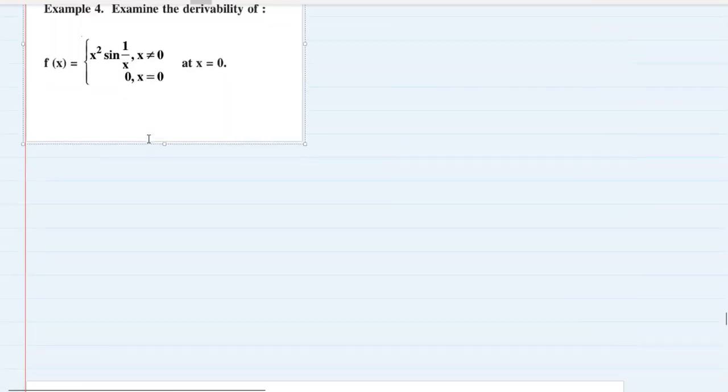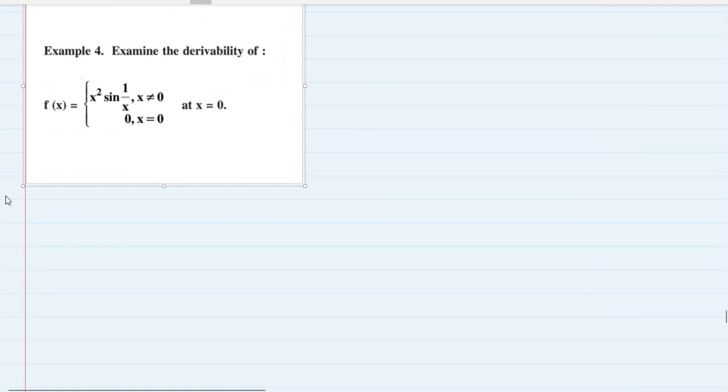What is this? Examine the derivability or differentiability of f of x, which is equal to x square multiplied by sine of 1 by x when x is not equal to 0, and f of x is 0 when x is equal to 0, at x is equal to 0.